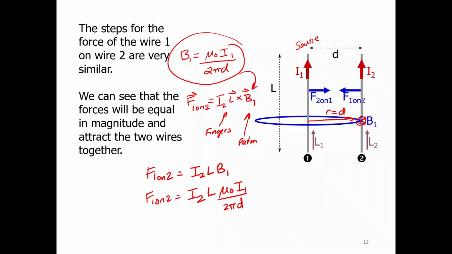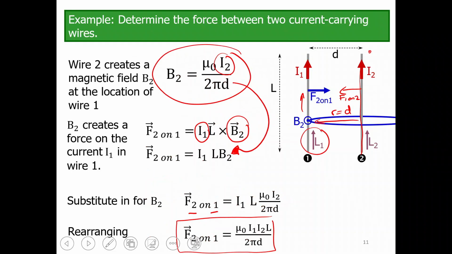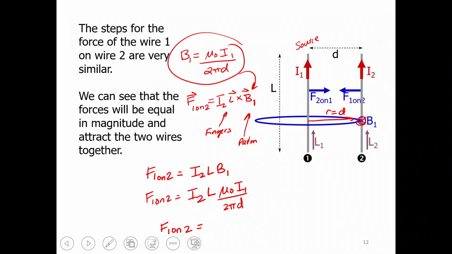Sorry, I got a little bit of a delay here. If we rearrange, what we end up getting is the exact same thing: F1 on 2 is equal to mu naught I1 I2 L over 2 pi d.